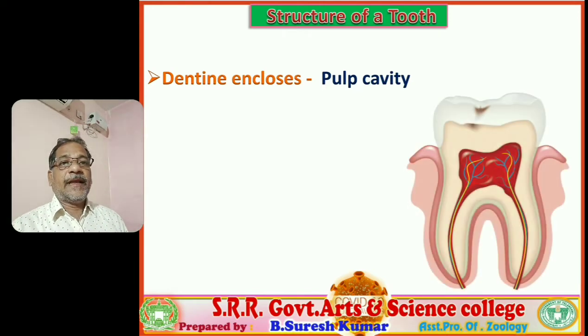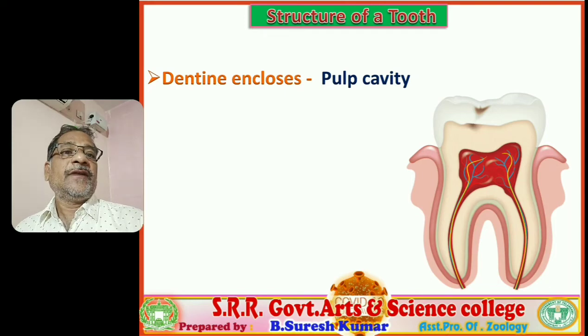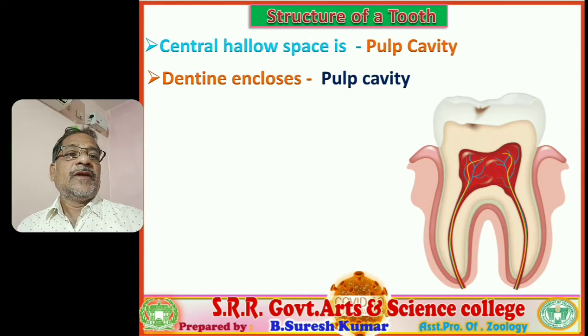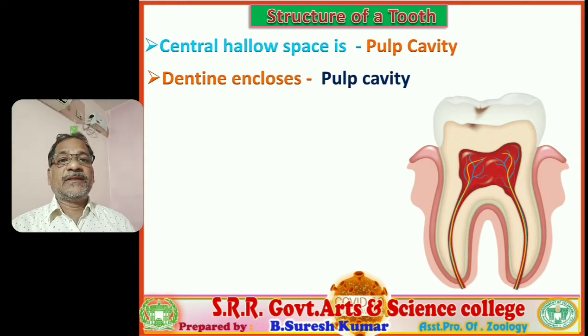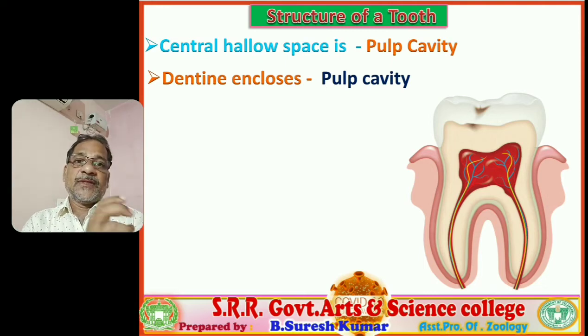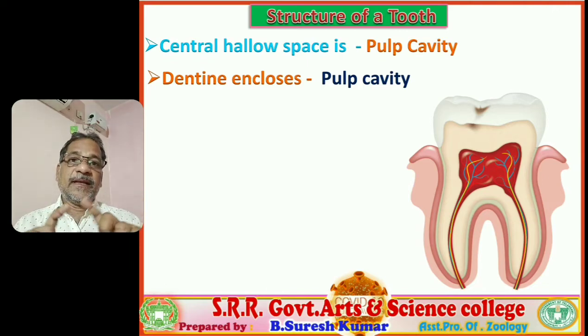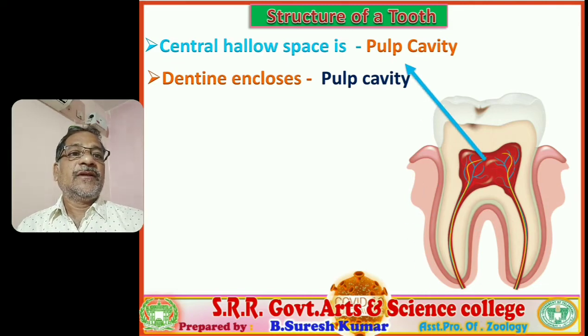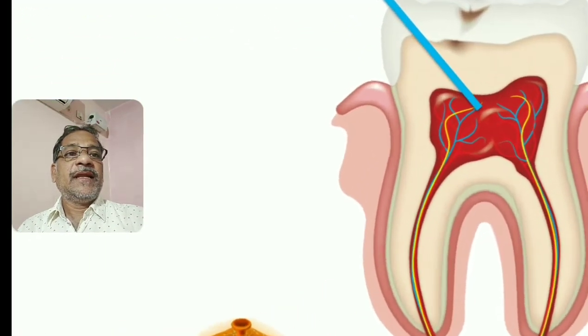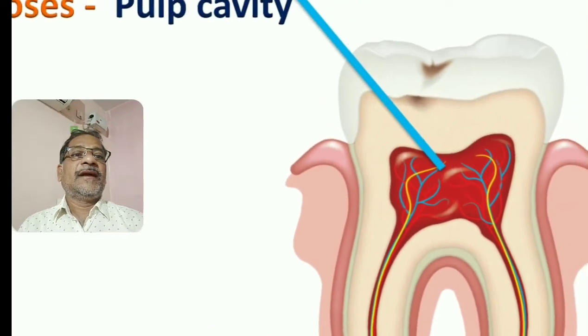Next, the dentin encloses the pulp cavity. You verify. Now we are going to discuss the pulp cavity. What is the pulp cavity? The pulp cavity is nothing but the central hollow space of the teeth. So the pulp cavity is completely enveloped by dentin substance. You observe, this is the pulp cavity, and it is completely enclosed under dentin.